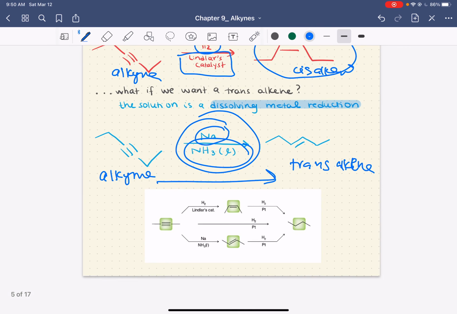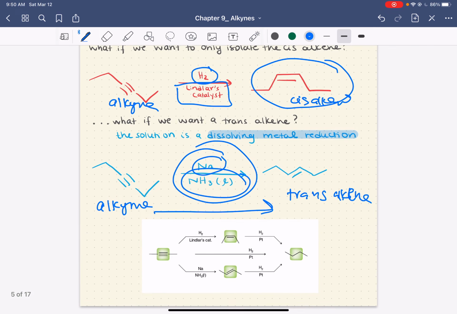But for now, let's look at this chart that summarizes the reagents necessary to get cis and trans alkenes and even go further to get alkanes, starting from triple bonds. If you're starting with an alkyne, you can treat it with molecular hydrogen and Lindlar's catalyst to get a cis-alkene. You can also take your cis-alkene, treat it with more molecular hydrogen and platinum if you want an alkane, single bonds.